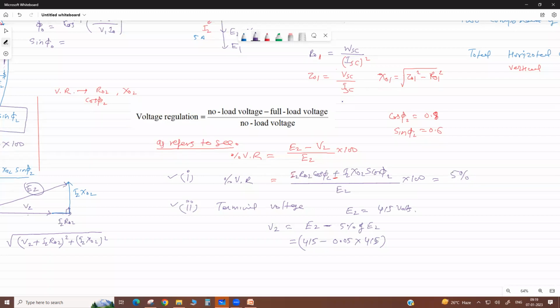You can calculate on the secondary side either by changing the formula, or by determining the parameters as referred to secondary side: R02, X02 and Z02.